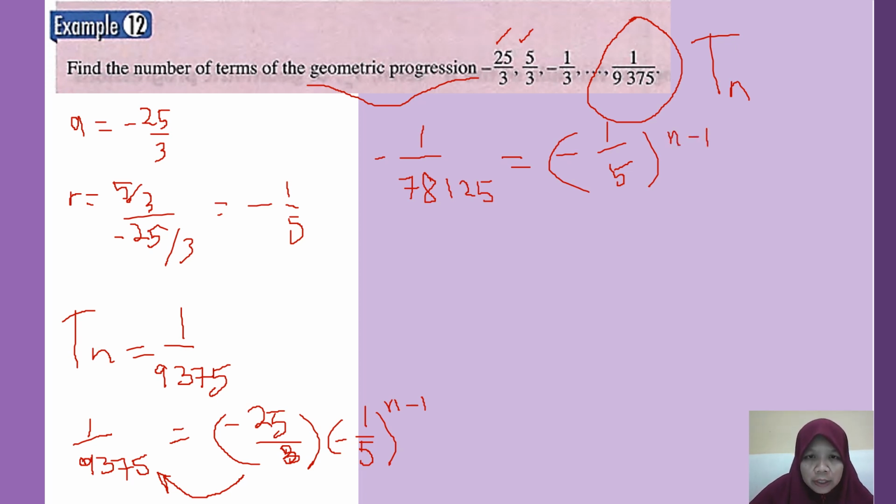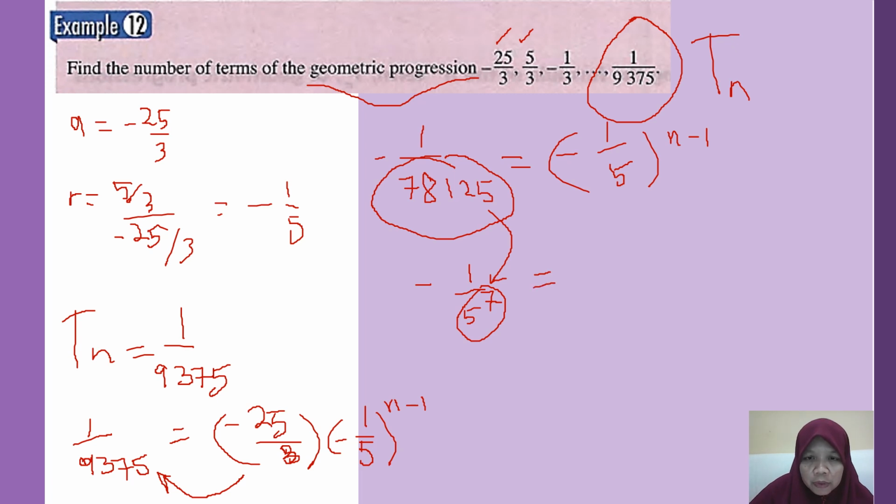After that we can change 78,125 to 5 to the power of 7, so we can write it like this: negative 1 over 5 to the power of 7. This is the same, because 5 to the power of 7 is 78,125.